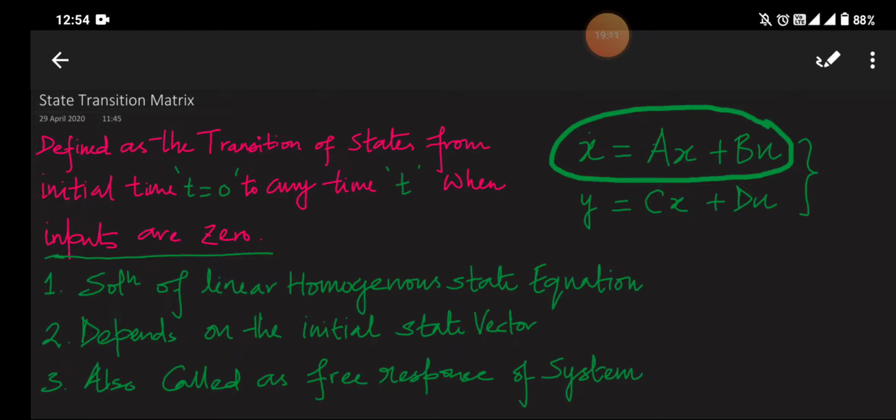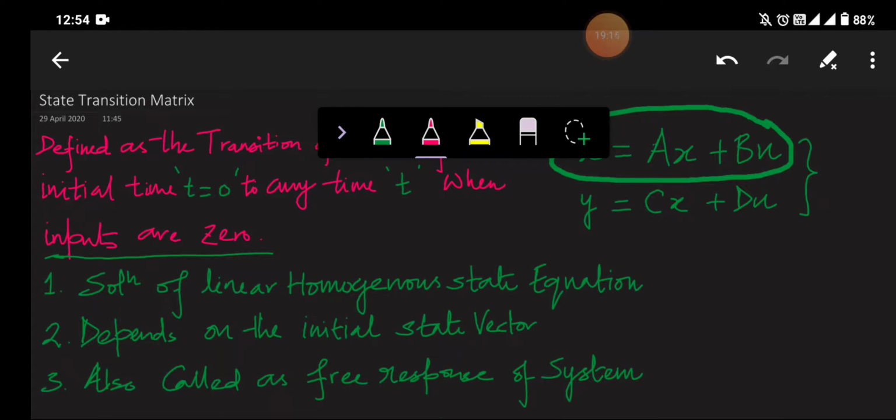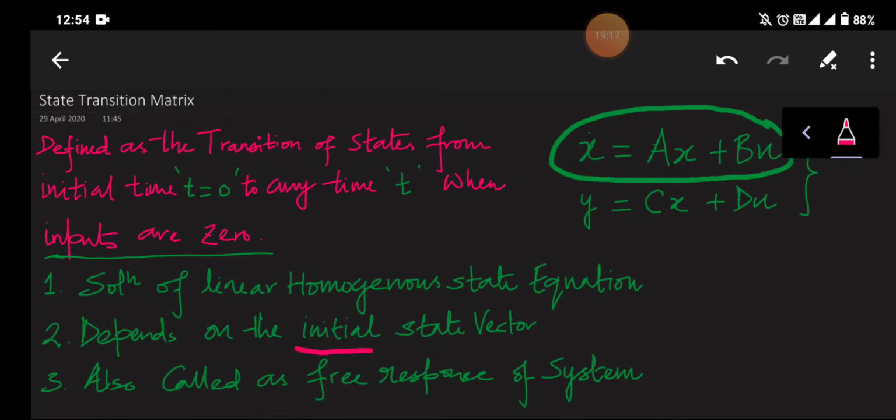State transition matrix depends only on the initial state vector, the value of xt depends on it. The solution for the state equation is also called the free response of the system. Okay, so these points you have to remember.